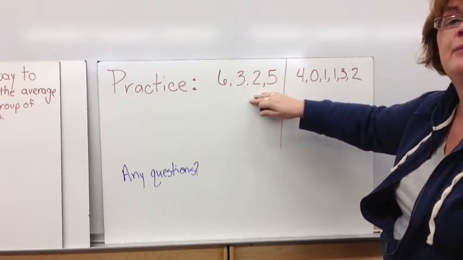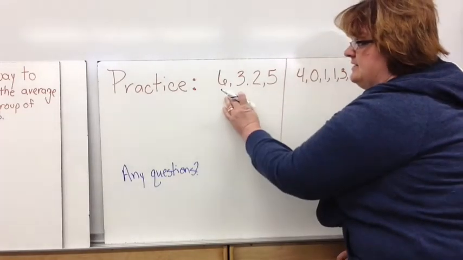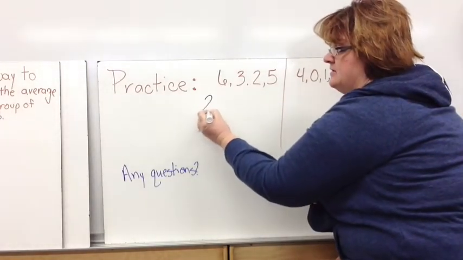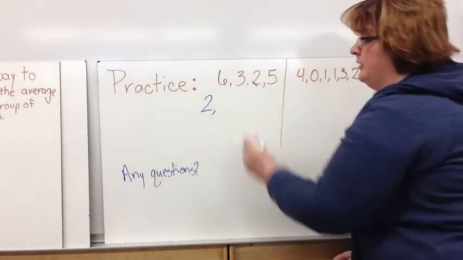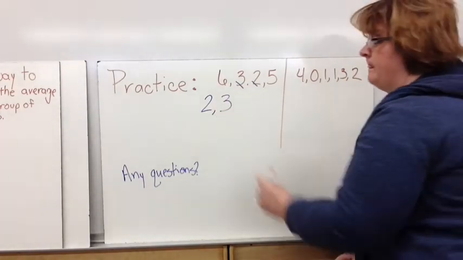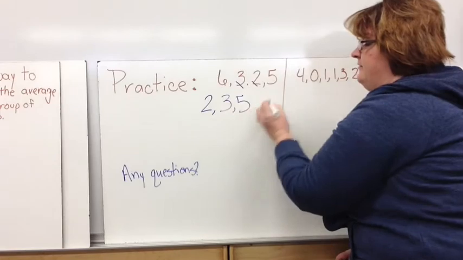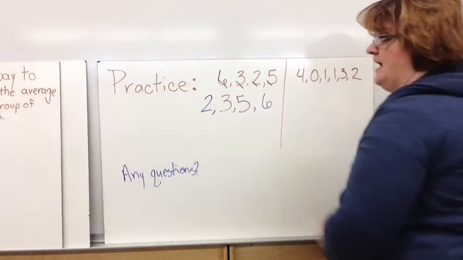Now remember, step 1 said that we had to put those numbers in order. So we're going to take these numbers and put them in order. 2, I like to put a little cross there so I know that I've used that number. 3, cross that out. 5, cross that out. And 6, cross that out.